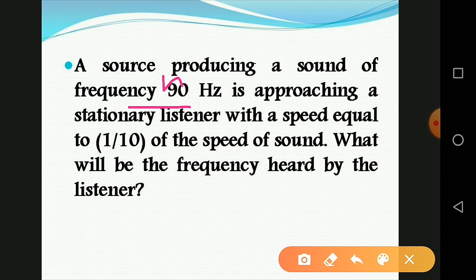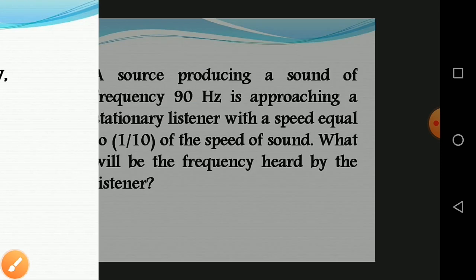The source is producing a sound of frequency n, so n is equal to 90 Hz, with velocity 1 by 10th the speed of sound when approaching. So vs is equal to v by 10. What will be the frequency heard by the listener?